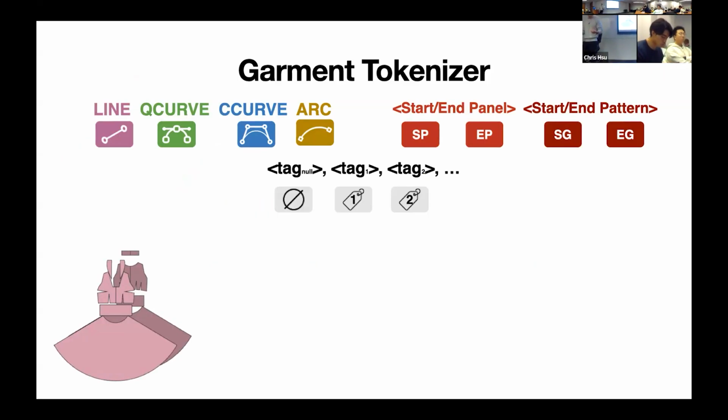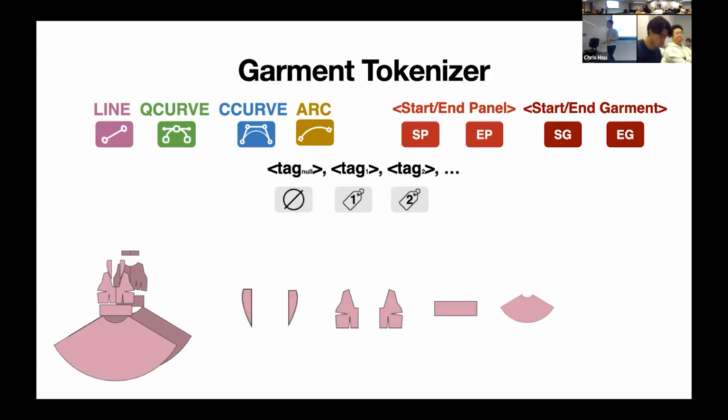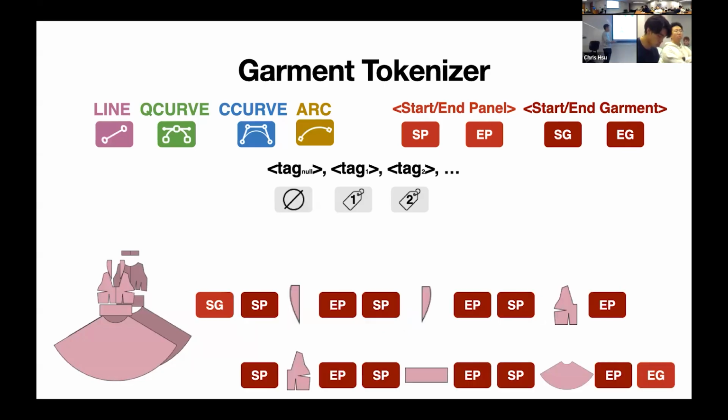Each of the sewing patterns can first be broken down into a series of 2D panels, as I show you. Since each of the panels might require a different length to describe, we would like to first wrap each with start and end panel tokens, so that we can zoom into each panel without worrying about all the others.